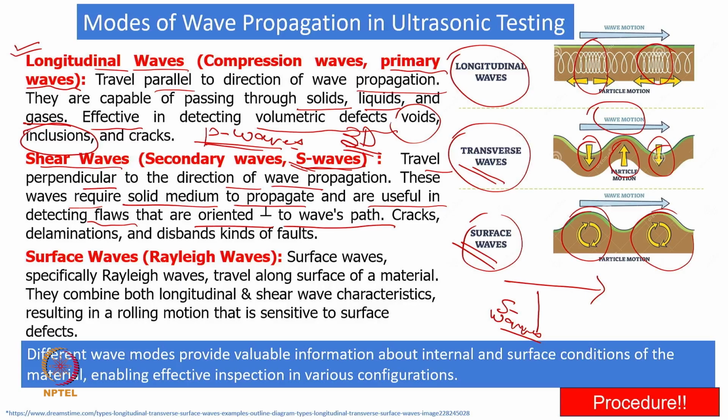Now, coming to the last one, the surface wave. It was given by Rayleigh, which is why it has been utilized, and in this case it gives a combination of both. If we are not very clear, we can use this kind of wave so that we get some sort of indication, and then we can move ahead with more and more detailed analysis.